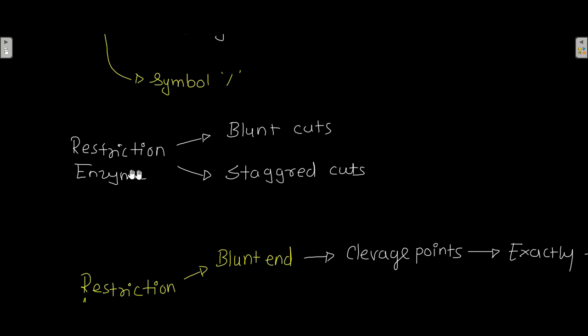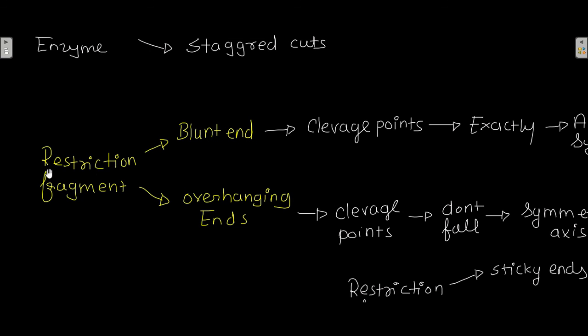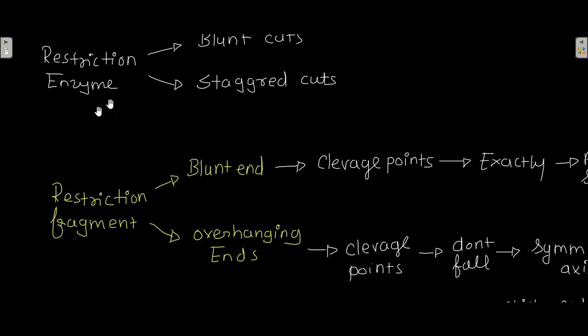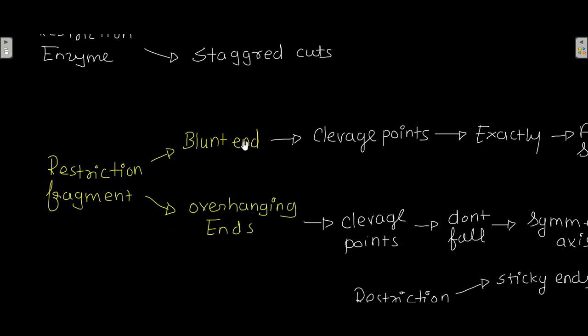Now when a restriction enzyme cuts a particular DNA, it makes either blunt cuts or staggered cuts. It makes two types of cuts: blunt cuts and staggered cuts. So the restriction fragment generated by the action of a restriction enzyme may have a blunt end or an overhanging end.